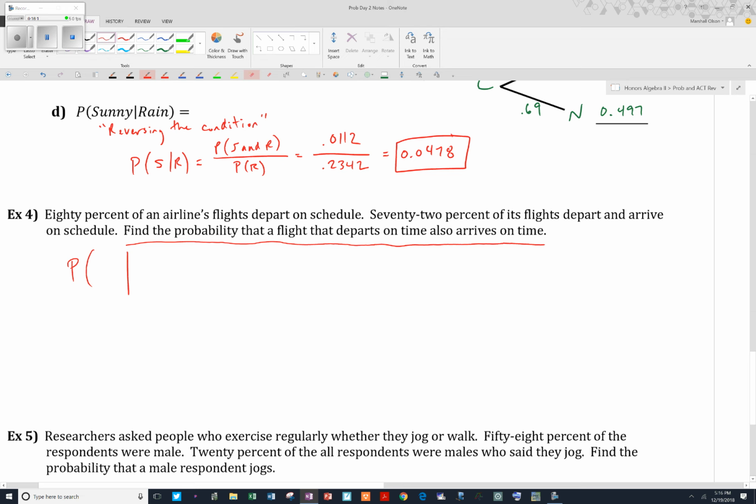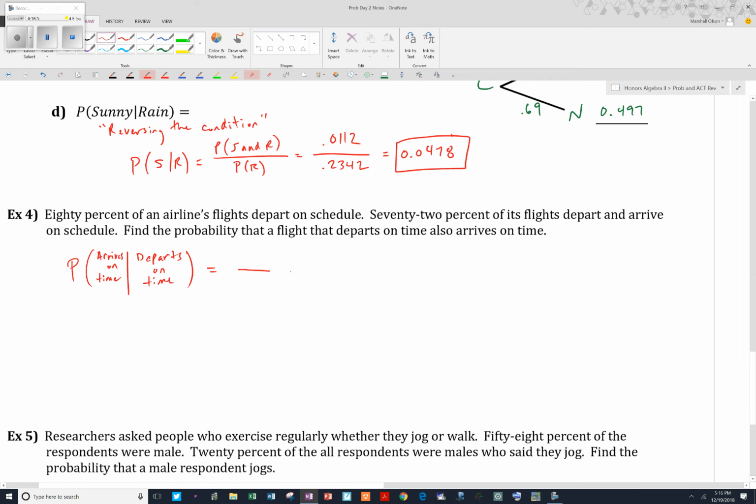So we know that it departed on time. We want to know the probability that it also arrives on time. What's the probability that something arrives on time if we know that it departed on time?